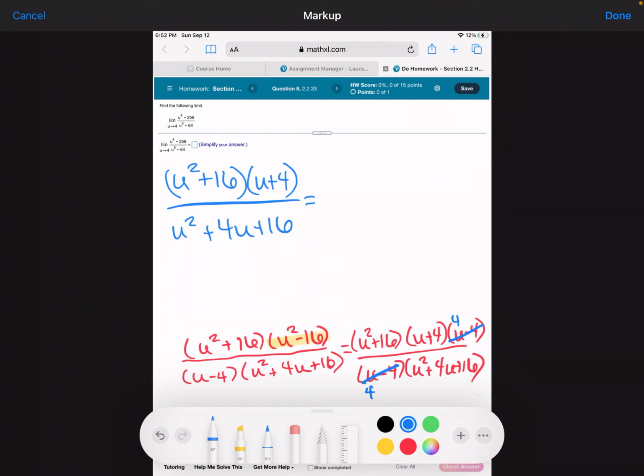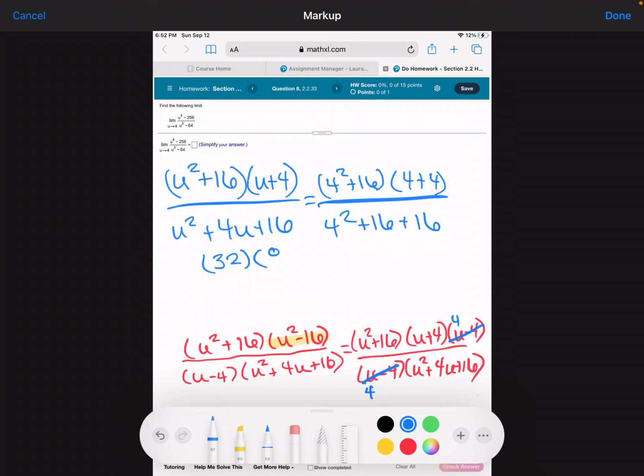Let's plug the 4 in again. And we're going to get 16 and 16 is 32. 4 plus 4 is 8. And on the bottom, we're going to get 16 3 times, which is 48.